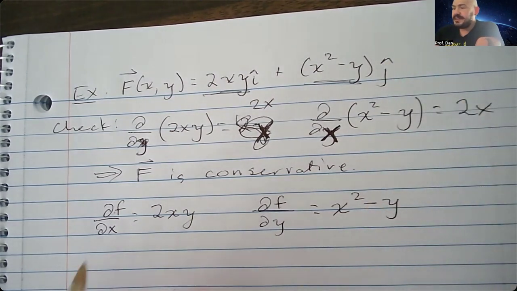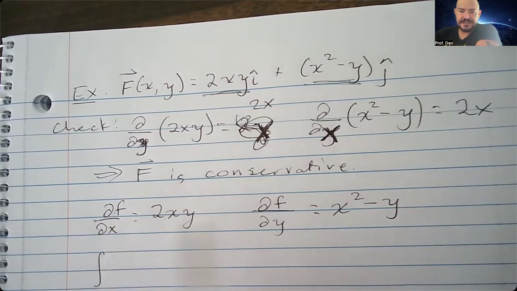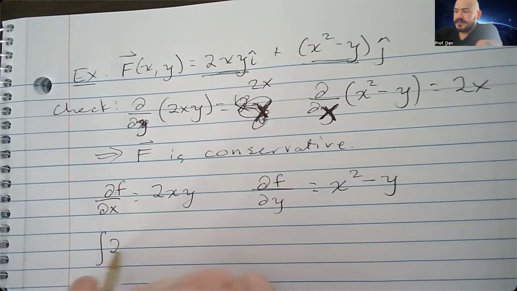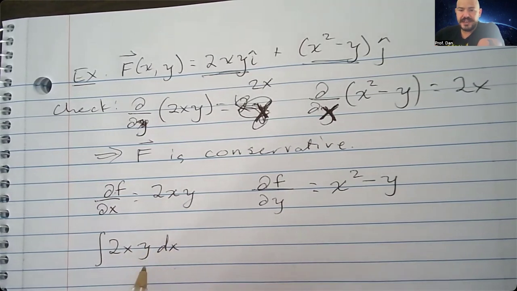So if I want to find f, then I need to integrate each of these partial derivatives with respect to the same variable. So I'm going to start by integrating 2xy with respect to x.